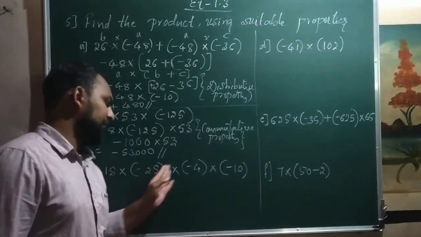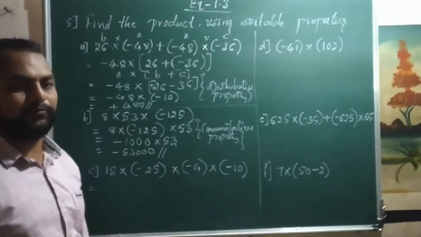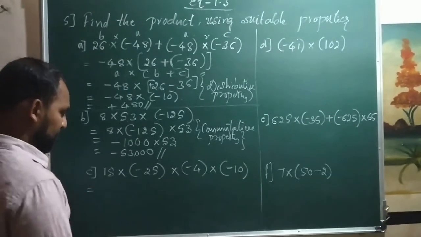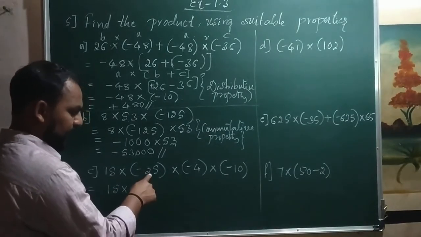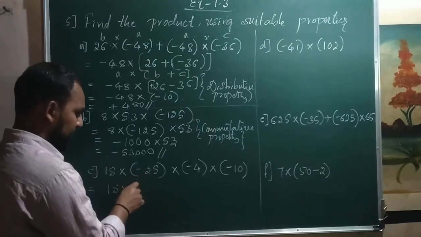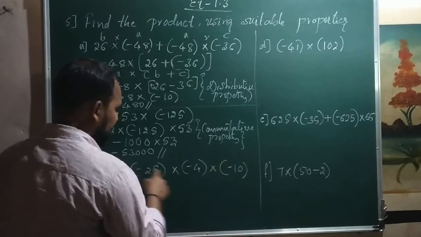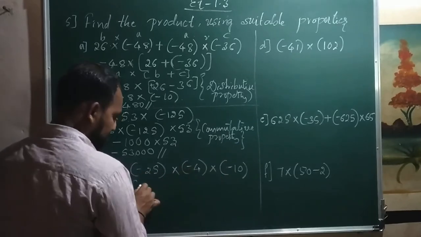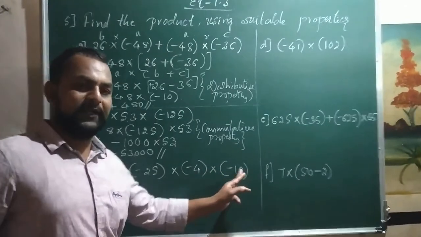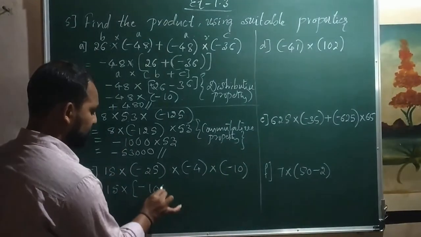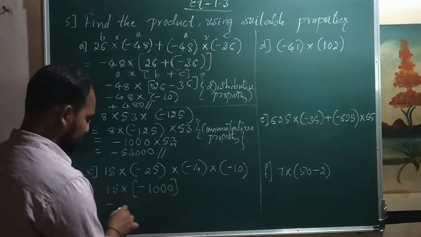A into B into C into D, or D into C into A into B, the same. Next, 15 into 25 with minus signs: minus into minus is plus, then plus into minus. 25 into 4 is 100, into 10 is 1000, and plus into minus 50 into 1000.